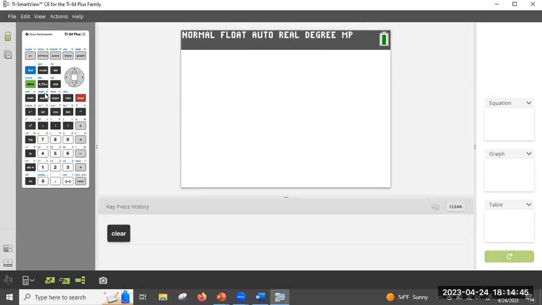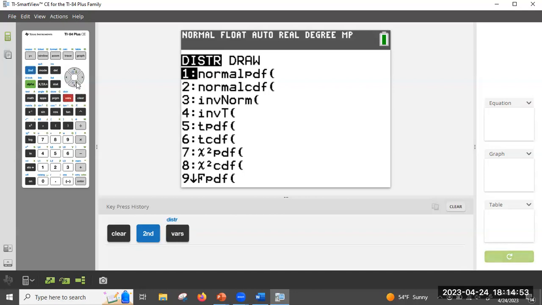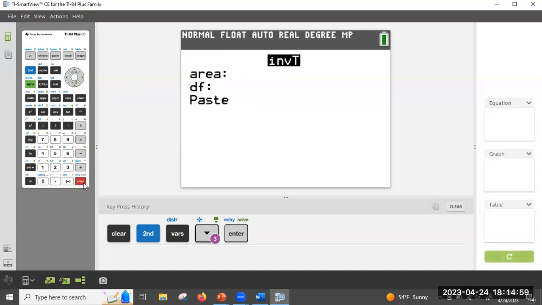Okay. And I go to second distribution, DISTR. That's right above variables. And we're going to pick, because it said T, inverse T. Now, what we need to know is what confidence level is this for? 96%. Yes.